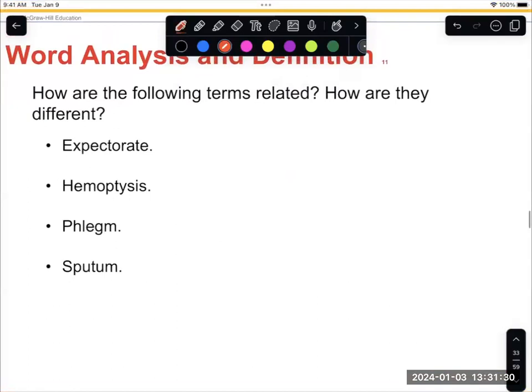All of these terms involve some sort of secretions from the respiratory tract. Expectorate is to cough up and spit out mucus from the respiratory tract. So we're coughing up and spitting out.